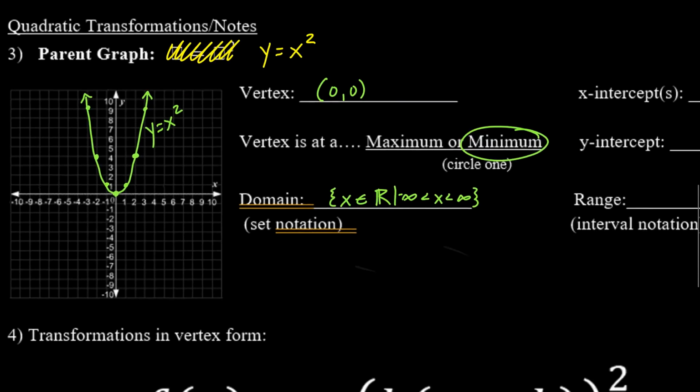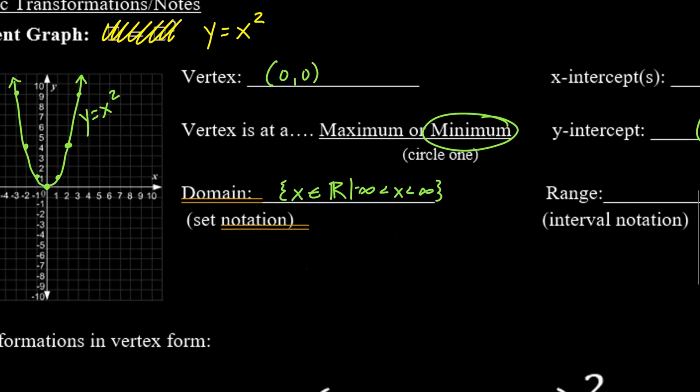Now let's do range in interval notation. What is interval notation? With brackets and parentheses. Perfect. So what is my, well, first, what value do I put first? My least value.